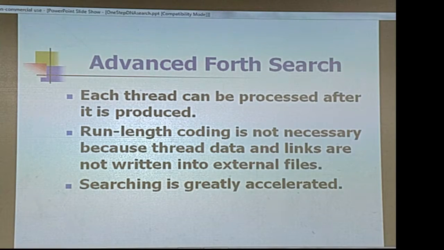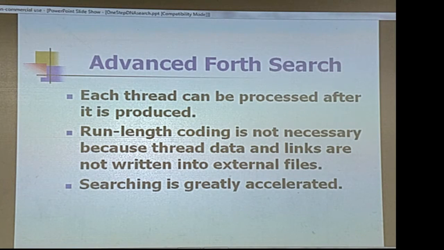I have to save the links. I have the threads, and I also have links, so these files need to be saved. But finally, I realized that I don't have to get all the threads before I do the processing.